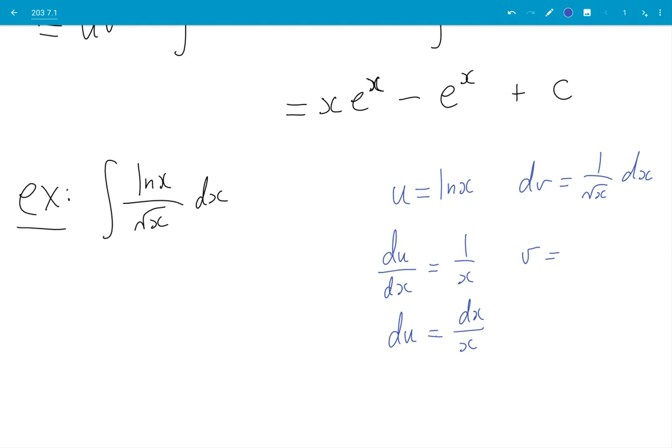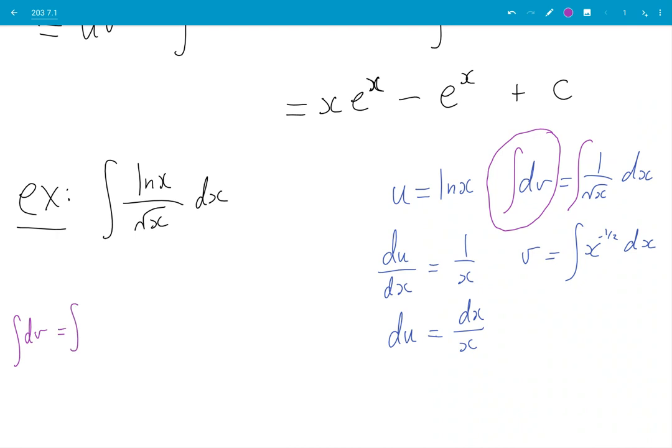So v is going to be the integral of x to the negative a half dx. So again, you put these integral signs here. Let's take a second to talk about this guy here. The integral of dv is the same thing as the integral of 1 dv. And what is an antiderivative of 1? Well, that's just the variable.